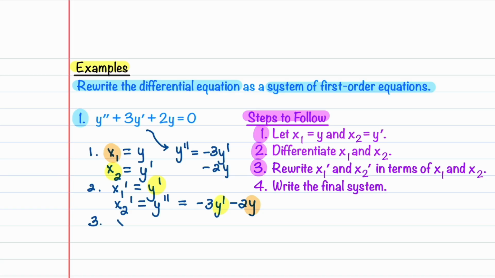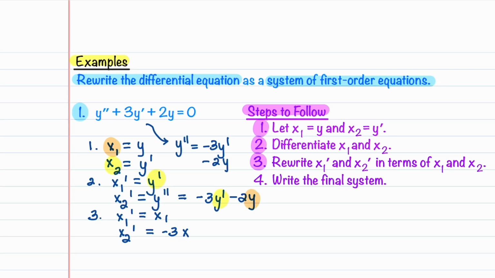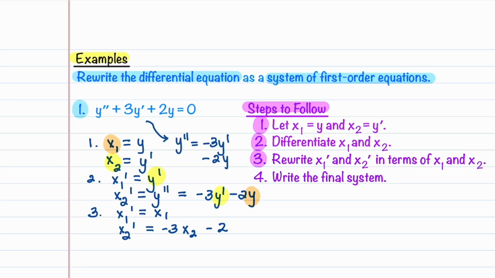This gives us x1 prime is equal to x1. And then we have x2 prime, and this is equal to minus 3 times y prime, which is now x2, minus 2 times y, which is x1.